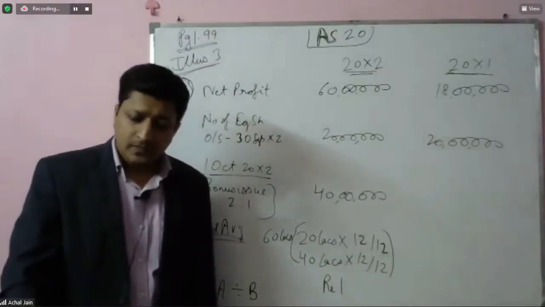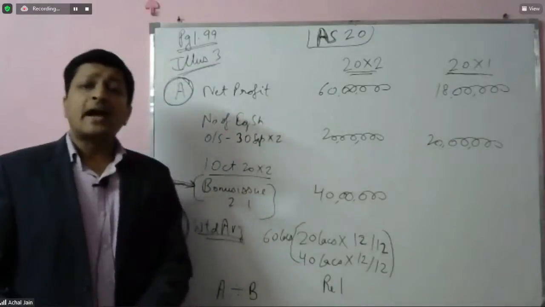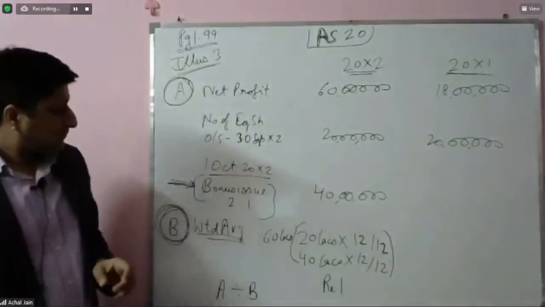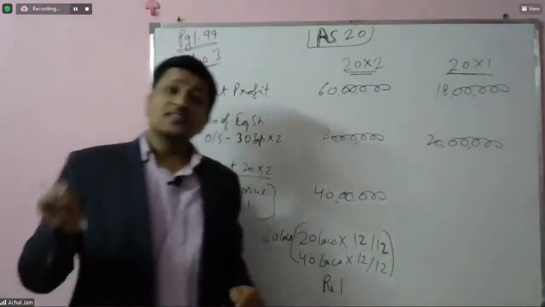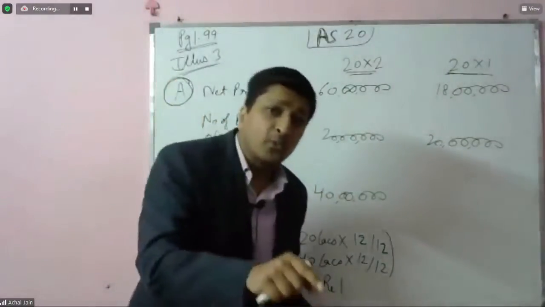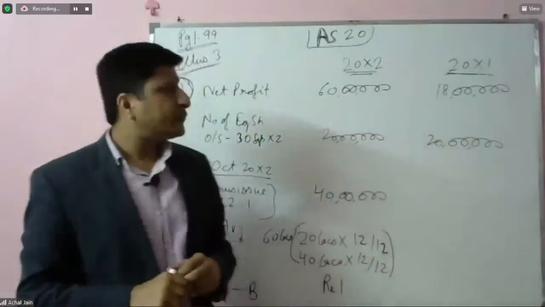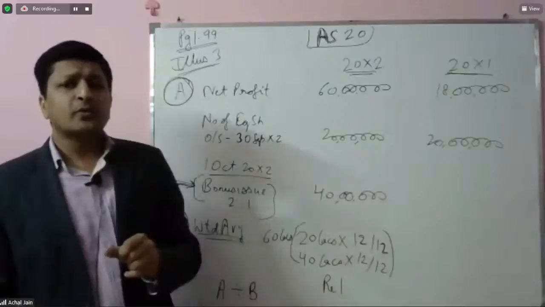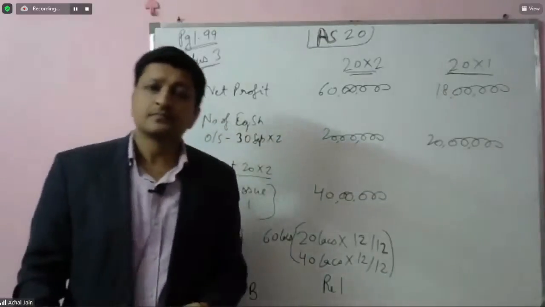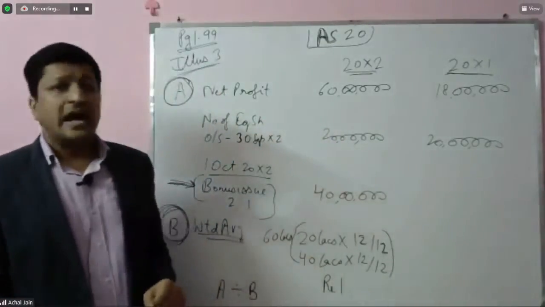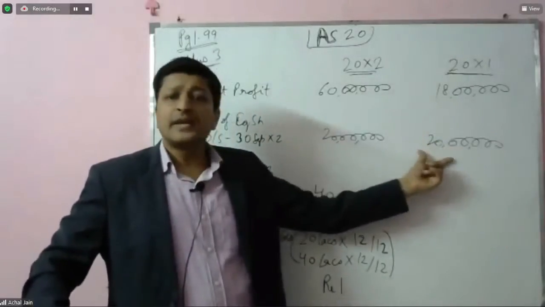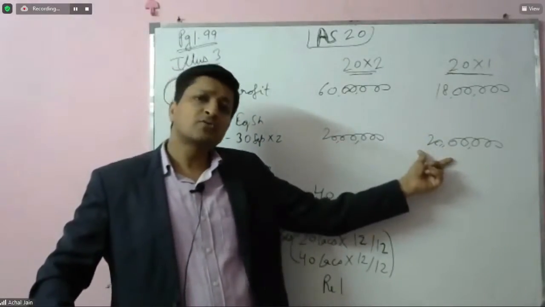Now let's suppose I go back to the previous year. What is the EPS that I would have computed in the last year? Can any of you tell me? Last year, my profit was 18 lakhs and the number of shares remaining outstanding throughout the year was 20 lakhs.